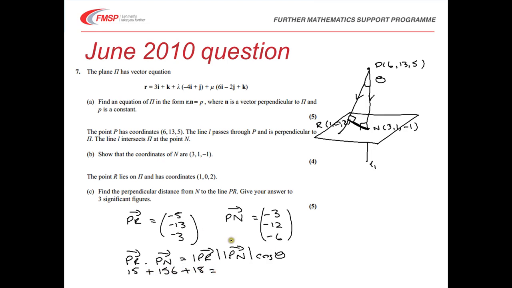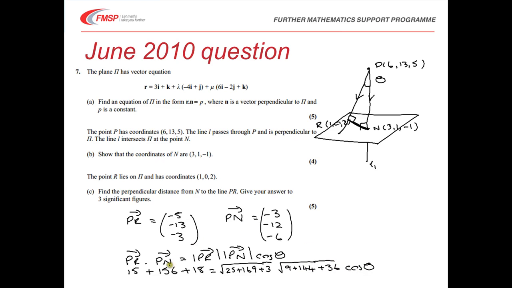The length of PR, we need to use Pythagoras in 3 dimensions here. We're going to be squaring the -5, squaring the 13 and squaring the 3. The length of PN, similarly, squaring the -3, squaring the 12 and squaring the 6, and times cosine of theta.